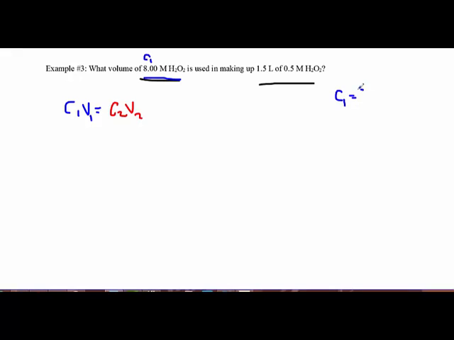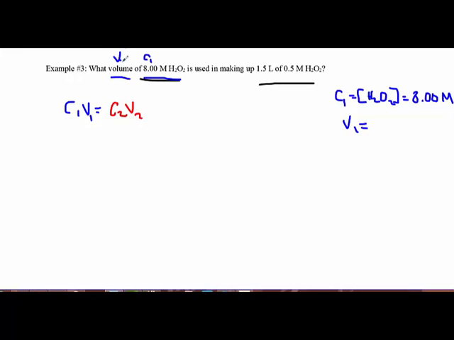So the concentration of our hydrogen peroxide initially is 8.00 moles per liter. What's the volume that we're using of that solution? Well, that's the thing we're trying to find out. What is the volume? That's the question.